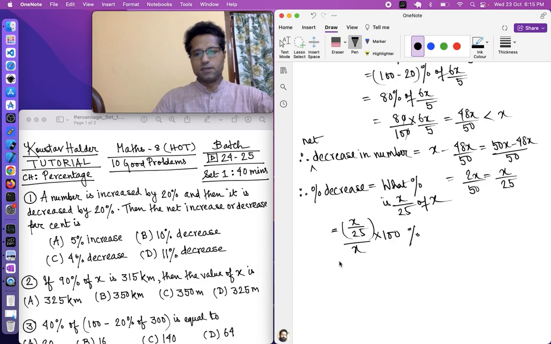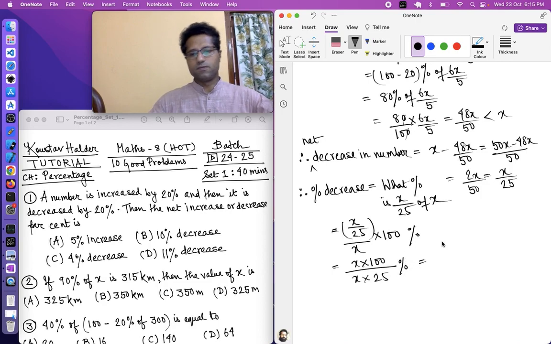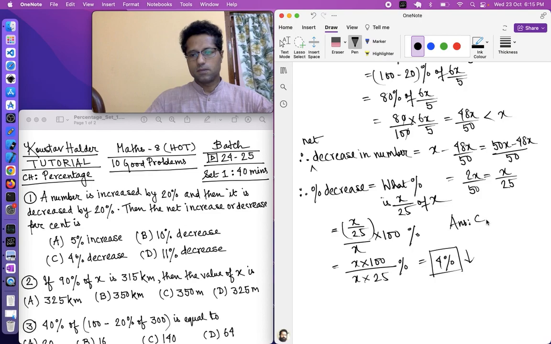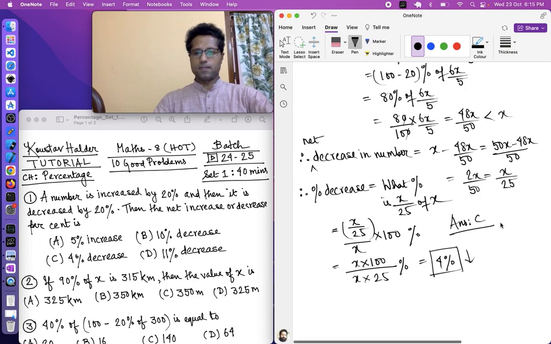If you simplify, it becomes x multiplied by 100 divided by x multiplied by 25 percent. After cancellation and simplification, this becomes 4 percent. So there was a net decrease of 4% of the number, and hence the correct choice is C.